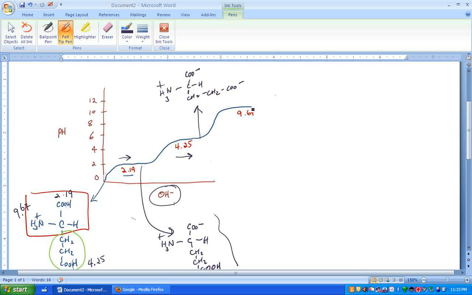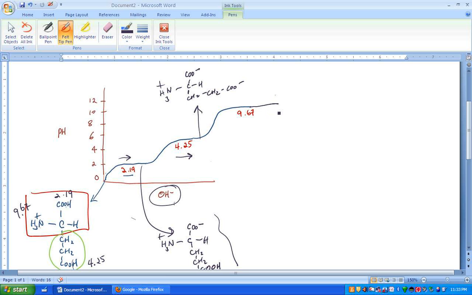And after that, 9.67 is referring to NH3 plus group. You should remember from general chemistry that when nitrogen is attached to 4 different atoms, it has a charge of plus. So if you forgot, you should try to do Lewis dot structure, go to the periodic table, and then count the valence electrons and actually try this out.